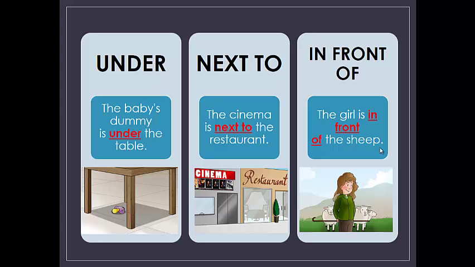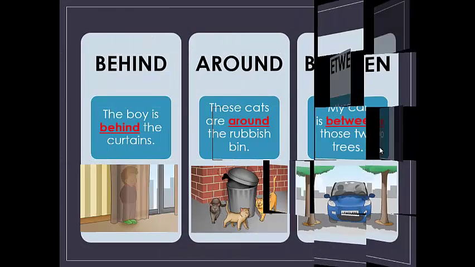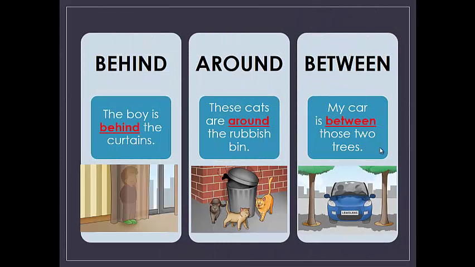The girl is in front of the sheep. Behind. The boy is behind the curtains. Around. These cats are around the rugby field. Between. My car is between two trees.